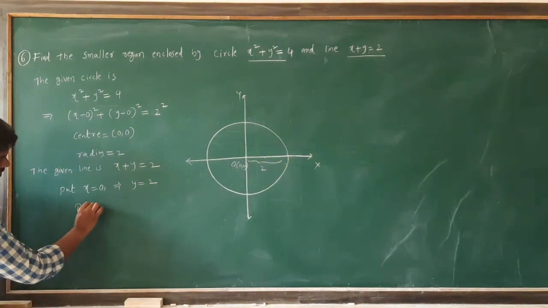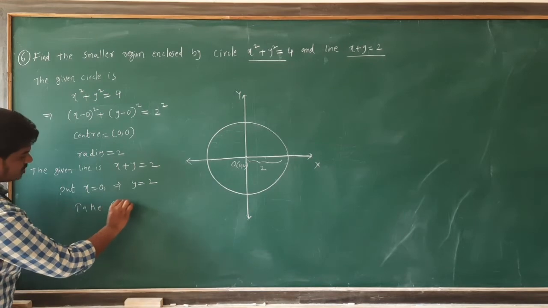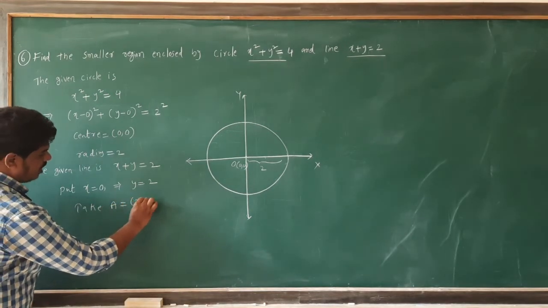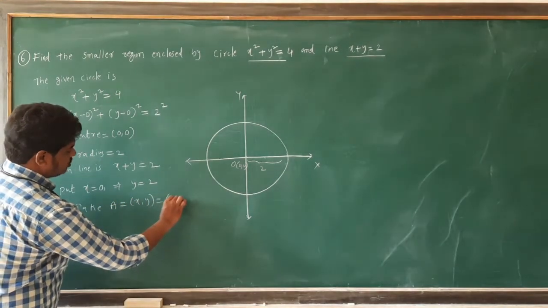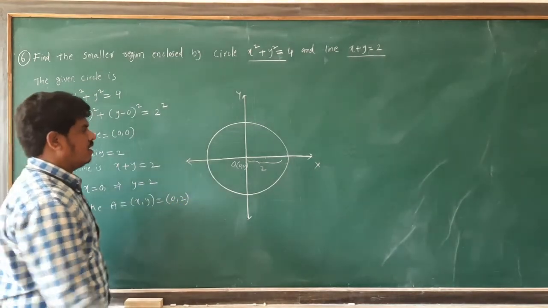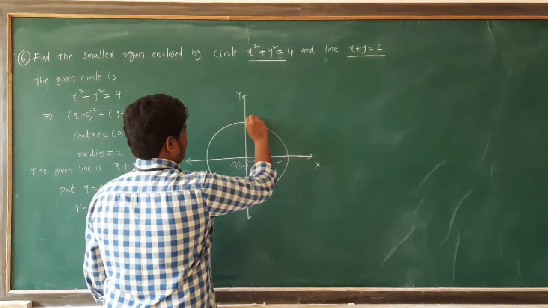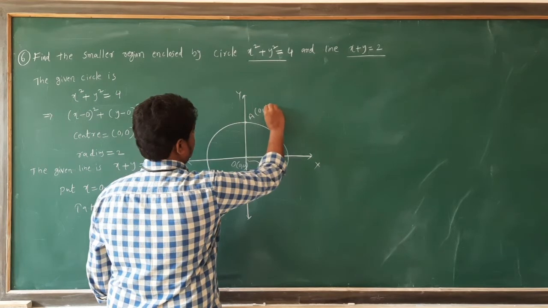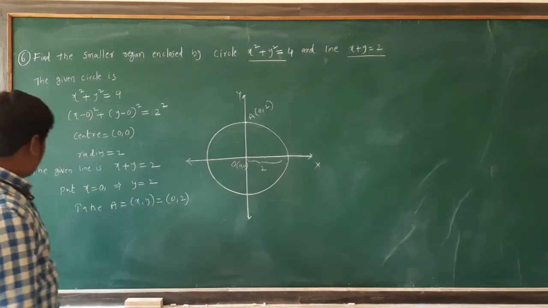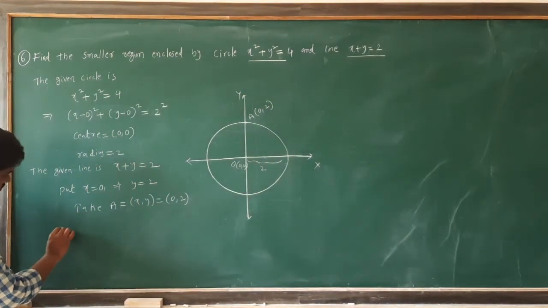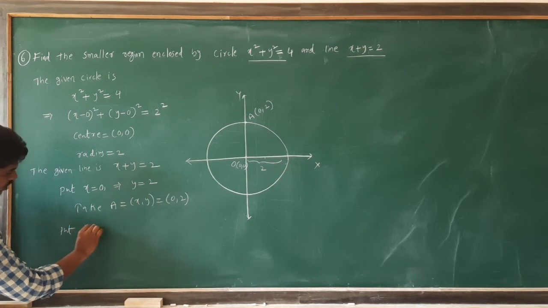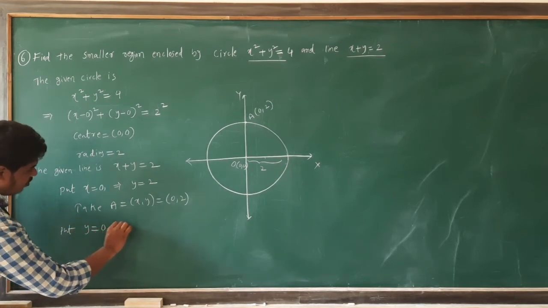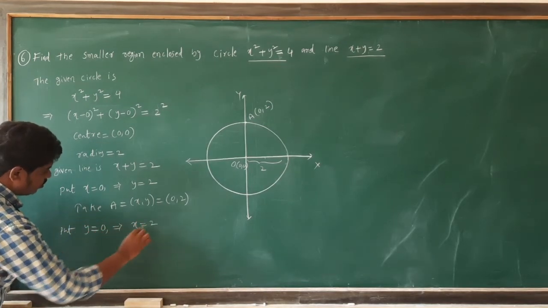Take this point as A. A is equals to x comma y is equals to 0 comma 2. It comes here, A 0 comma 2. Next, put y equals 0. Then what is the value of x? 2.